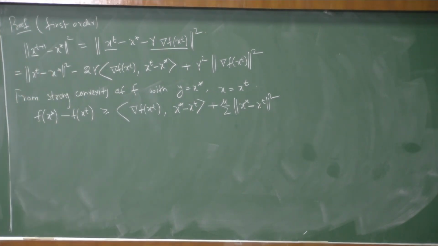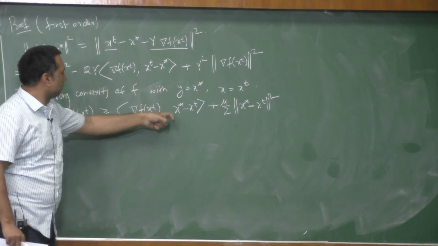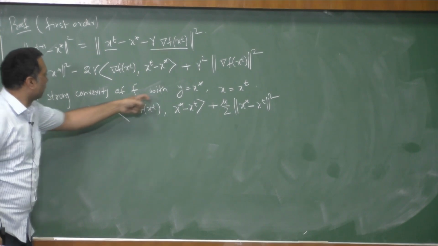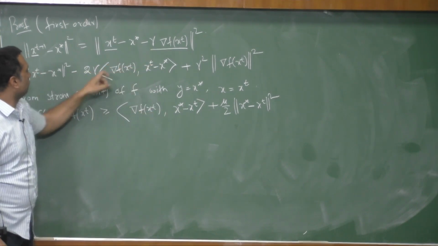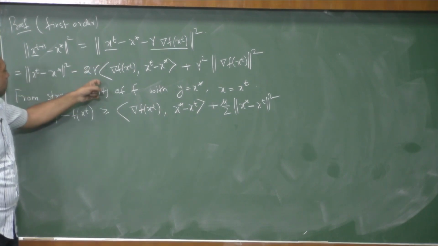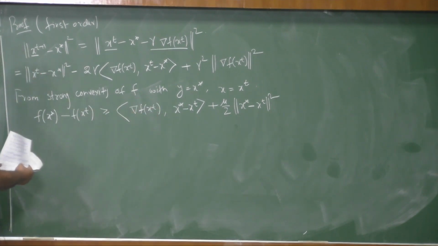So I take a minus from here and it becomes exactly in this form, x(t) minus x star. Basically minus of this quantity, and you can forget the 2 gamma for now, is less than or equal to something. And the mu term is also there, so let us do it that way.